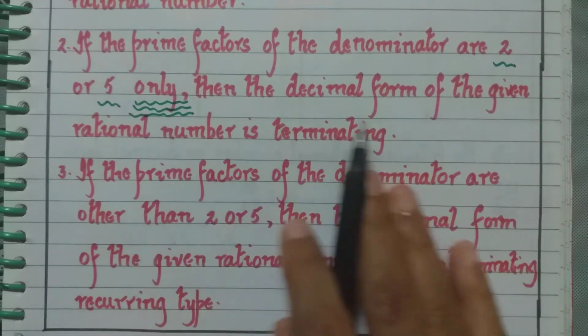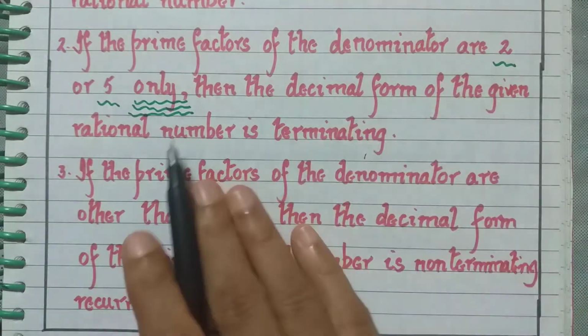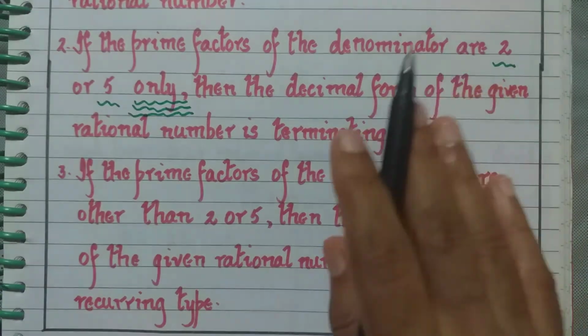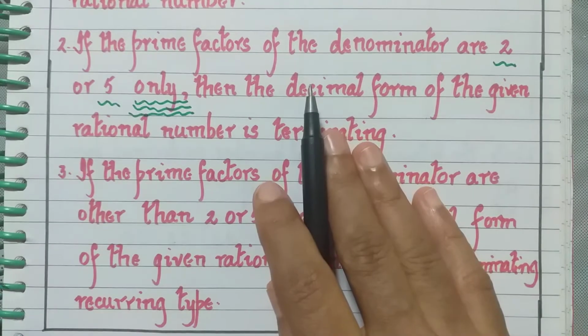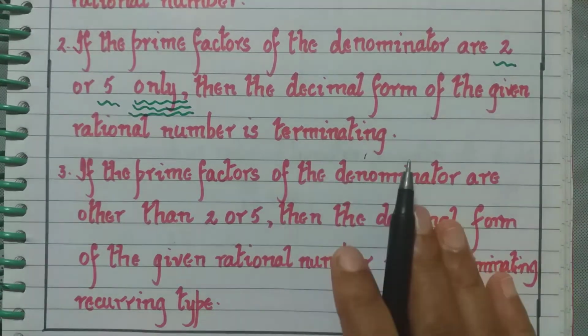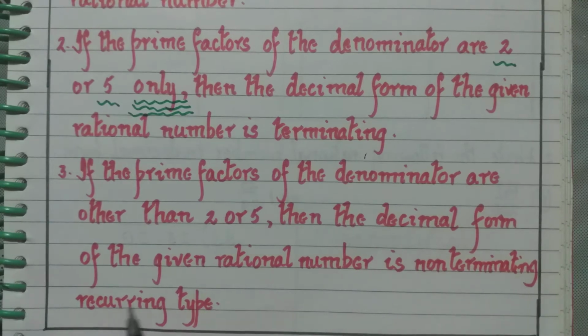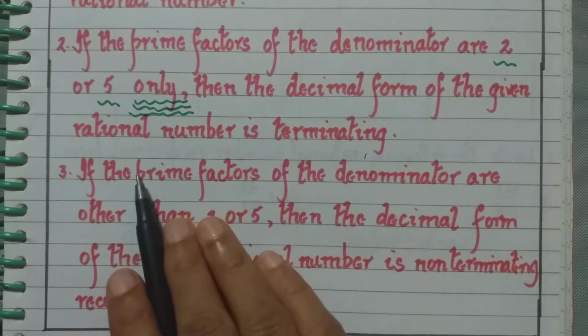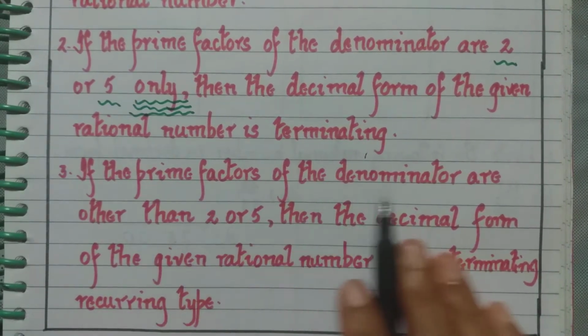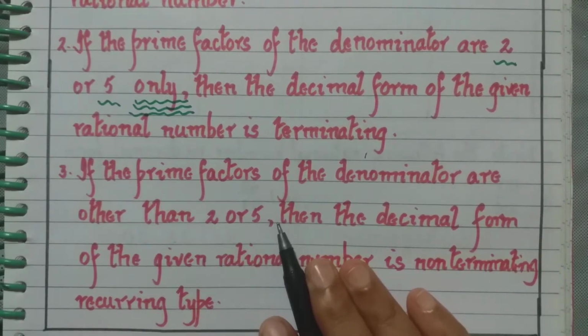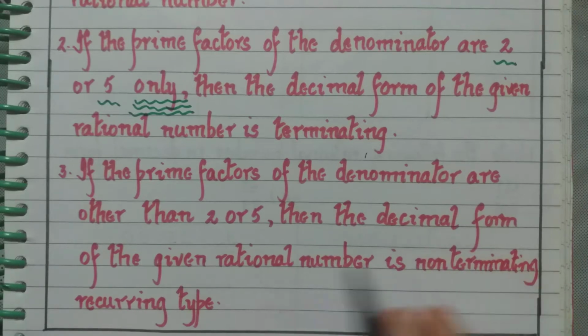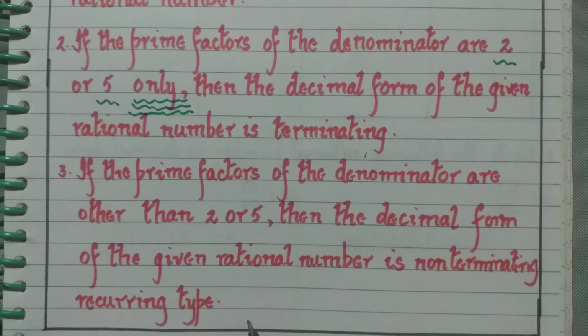If any other numbers are there along with 2 and 5, or only along with 2, or only along with 5, then they are of the non-terminating recurring type. So what is the third point? If the prime factors of the denominator are other than 2 or 5, then the decimal form of the given rational number is the non-terminating recurring type.